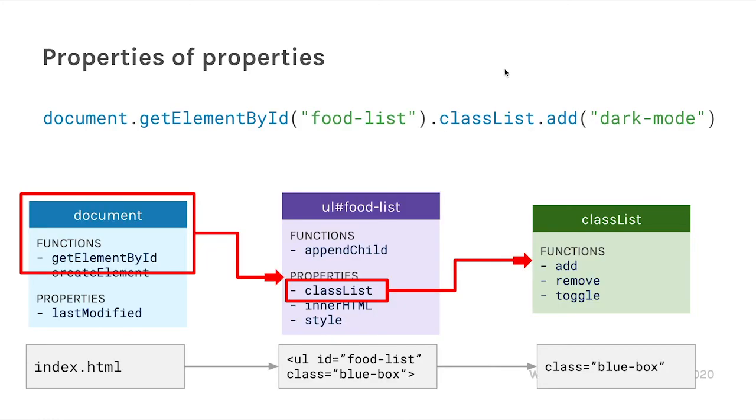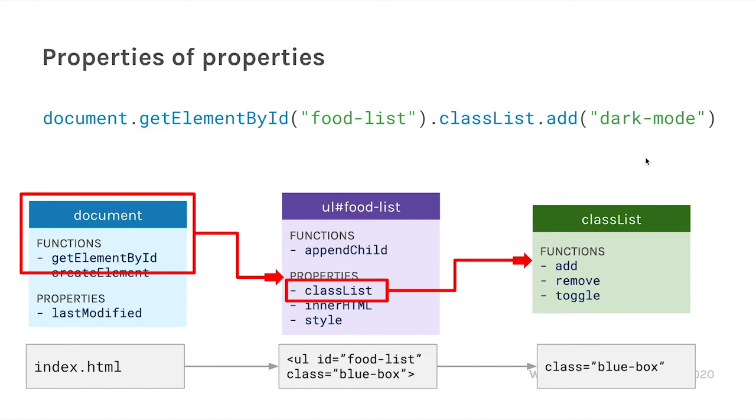So our full line of code is now like such. document.getElementById, foodList.classList.add dark mode. And here, just as a review, document.getElementById is a function, as you can see by these parentheses, that takes one parameter, which is the ID of the element we want.